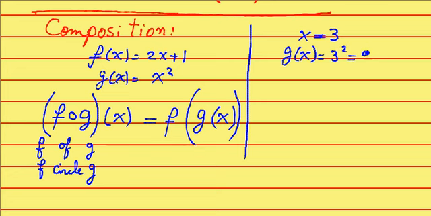That's going to be 9. Now I'm taking that and passing it to f. So everybody is going to work on the output of the previous one. So f of 9 is going to be, what does f do? Takes the incoming and doubles it and adds a 1 to it. So that's going to be 19.